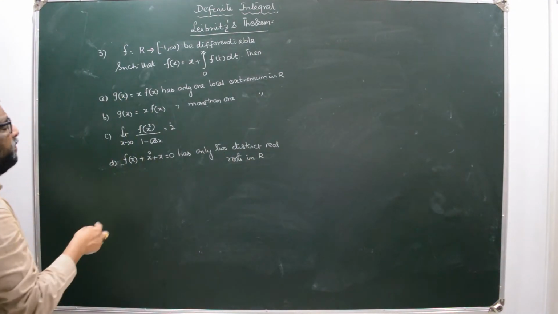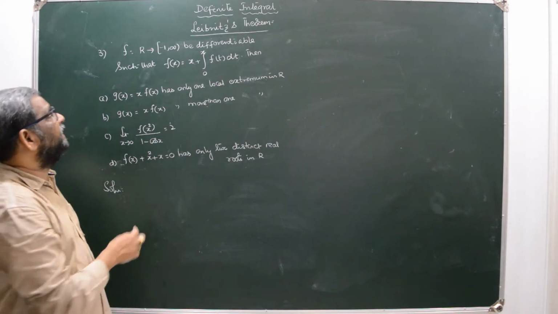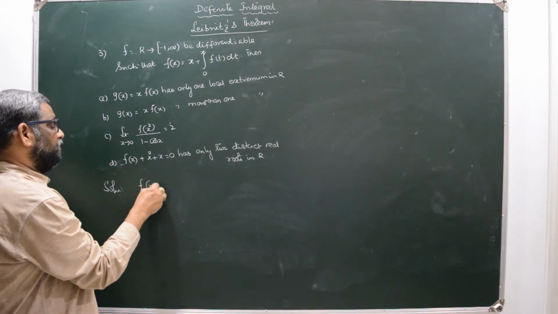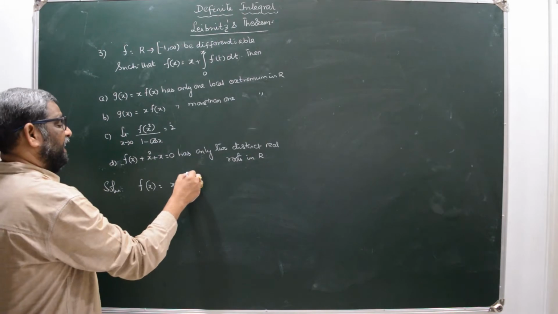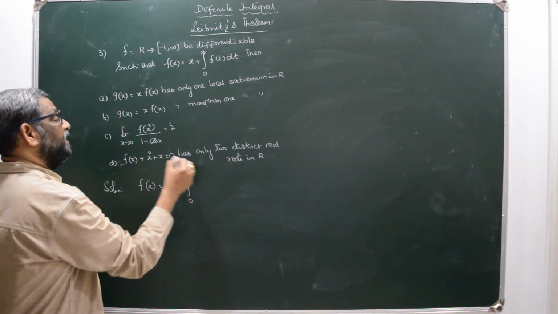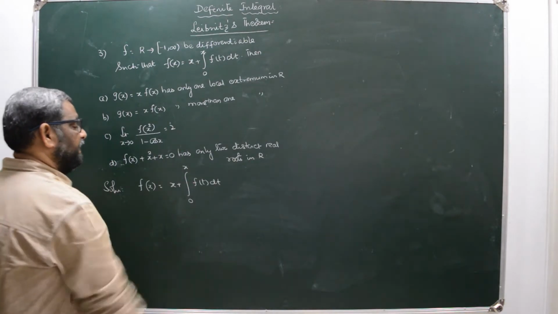Now the solution. We will consider the problem. f(x) is equal to x plus integral 0 to x of f(t) dt.